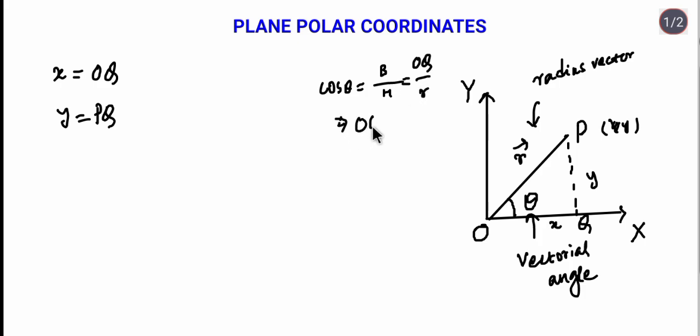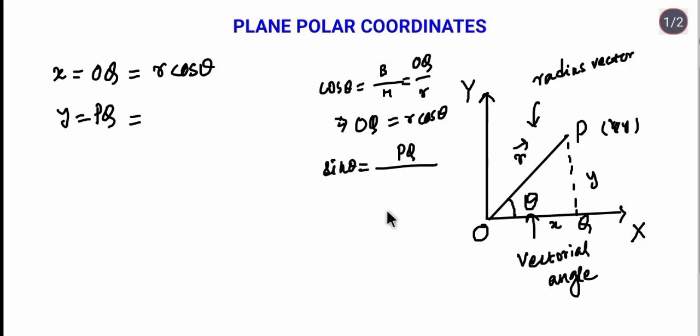So OQ is equal to r cos theta. Similarly, PQ is our perpendicular, so to get the perpendicular, let's apply sin theta. Sin theta is perpendicular by hypotenuse, that is PQ by r. So PQ is our r sin theta.